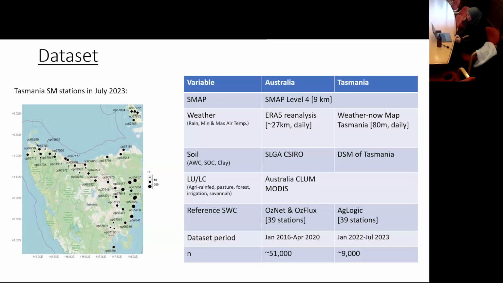We also gathered the Australian dataset, and in total, we have 51,000 data points for the Australian dataset, covering 2016 until April 2020. So we make this as similar as possible to the one that was already tested in Tasmania before by Ignacio.